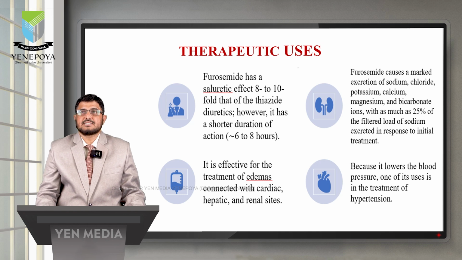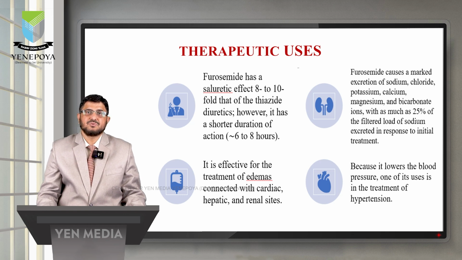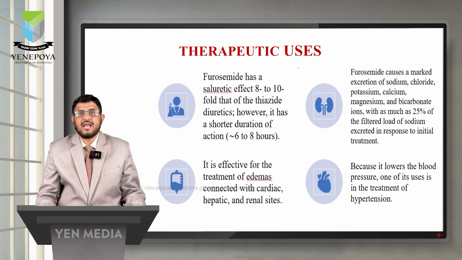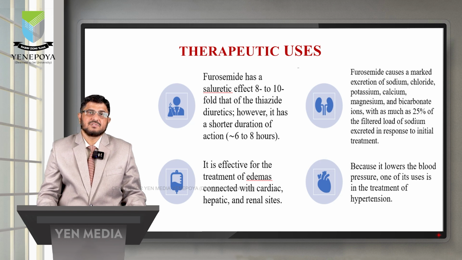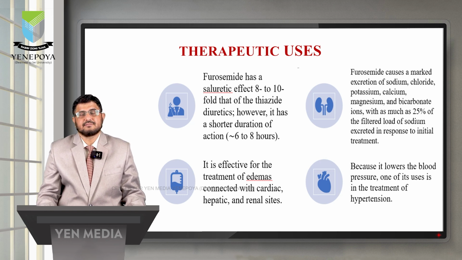Furosemide causes a marked excretion of sodium, chloride, potassium, calcium, magnesium and bicarbonate ions, with as much as 25% of the filtered load of sodium excreted in response to initial treatment. Because it lowers the blood pressure, one of its uses is in the treatment of hypertension. So, furosemide can be used in the management of hypertension and in edema cases caused by cardiac, hepatic and renal conditions.